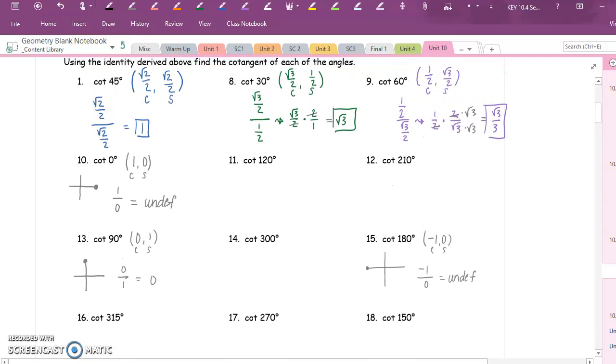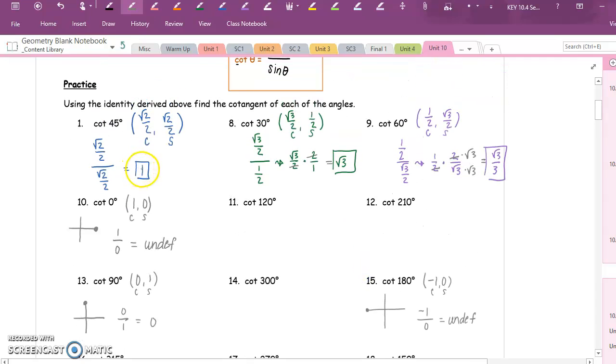So let's go back to the beginning. So we have 45 degrees, 30 degrees, and 60 degrees. Let's go through and just write out each one of these. Starting with cotangent of 120, if I were to make a little grid, 120 is really close to 60.